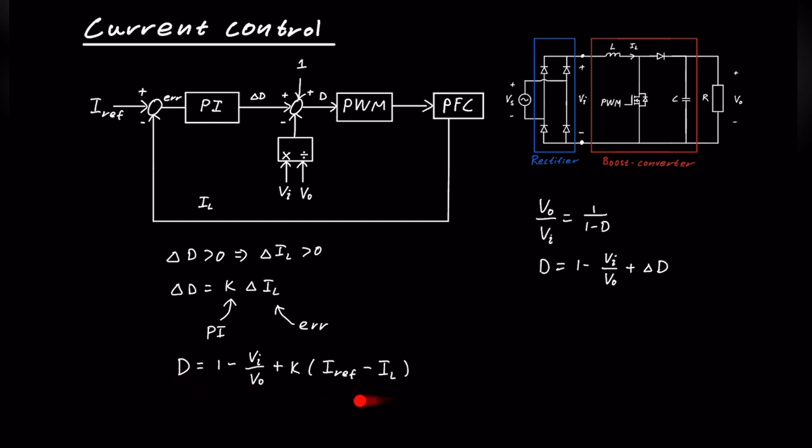Now, this is the equation we get for the duty cycle if we just put this one into this one. And as you can see, this controller here is exactly this equation, where the K here is a PI controller. So it's not constant, it has an integral term as well.